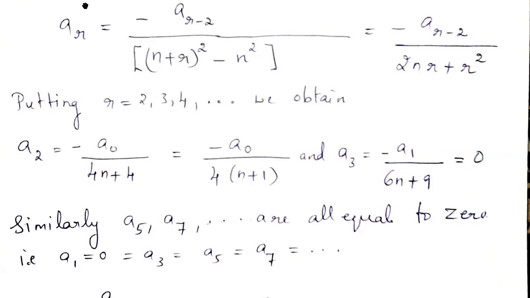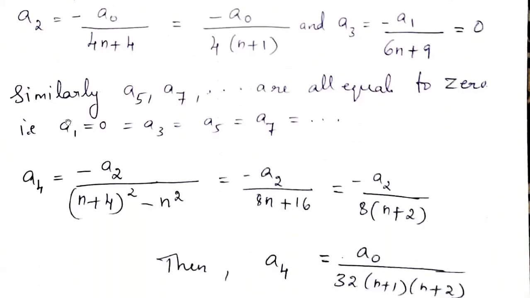Now, if a3 is equal to 0, the next term which you calculate will be a5. The value of a5 will depend on the value of a3, but a3 is already 0. Similarly, a5, a7, all those terms will be equal to 0, because a1 is 0.